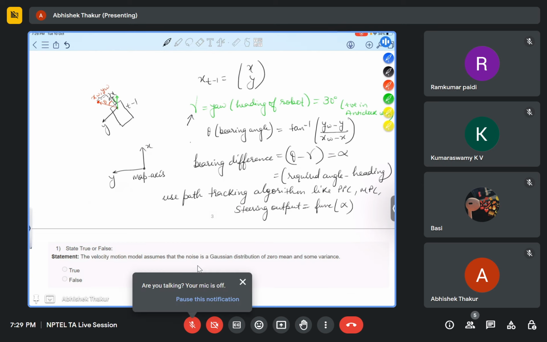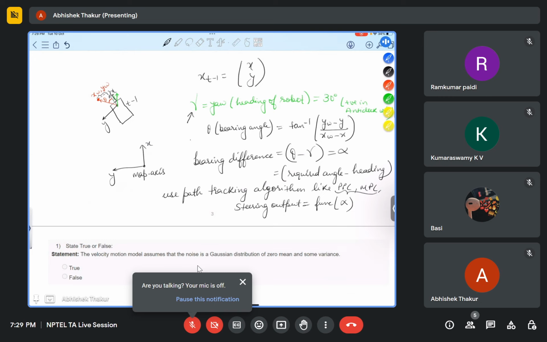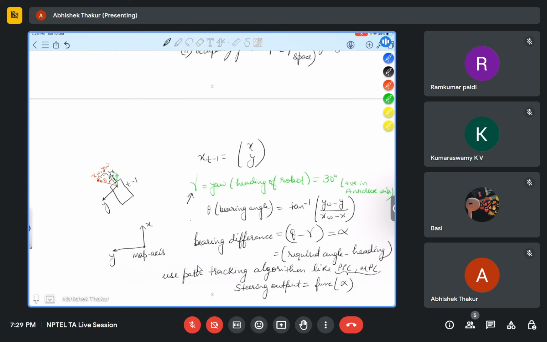You can see the formula; the formula is different for PPC and MPC. Like that, you can calculate how much steering rotation is required to move to the next position. And you have to keep some velocity also. If you rotate the steering but have no velocity, you will not be able to reach the next waypoint. That velocity you can determine based on how far the obstacle is. So this is one of the basic principles for autonomous navigation.